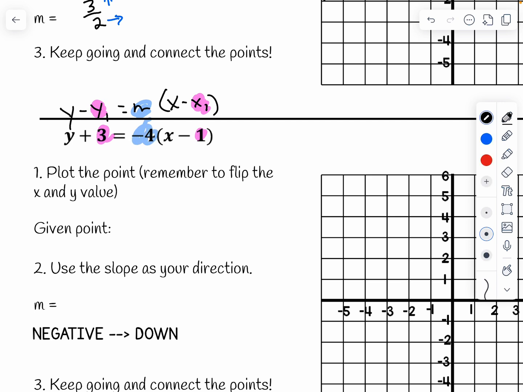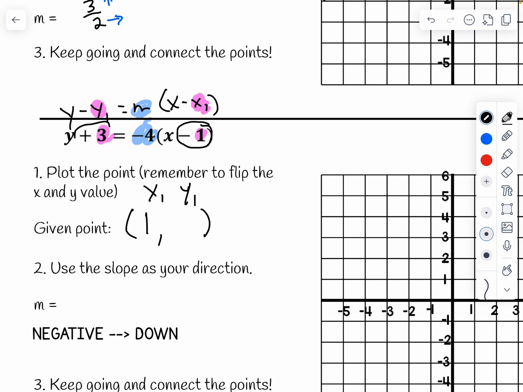So what is my point? Well, it's x1, y1. So I'm going to look at my x1, and remember, I'd look at the minus as well. And remember, everything's opposite when it's point slope, because the formula has a minus in it. So really that is a positive x. So that is a positive 1.